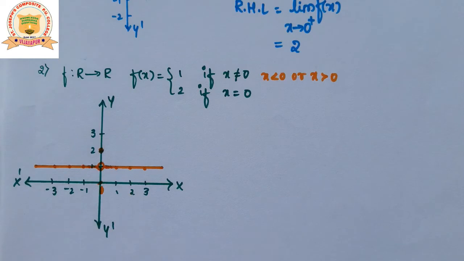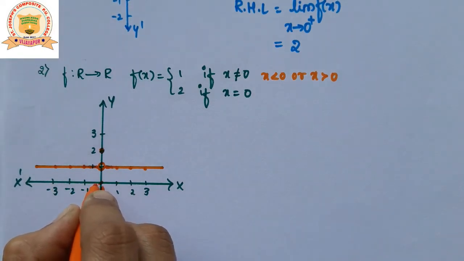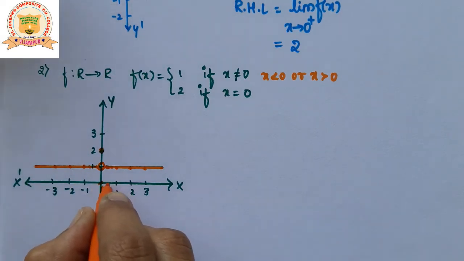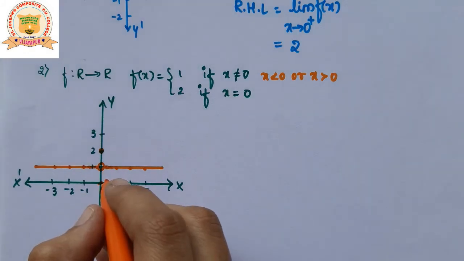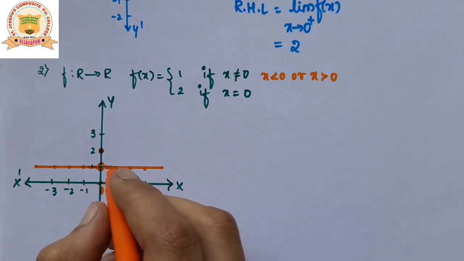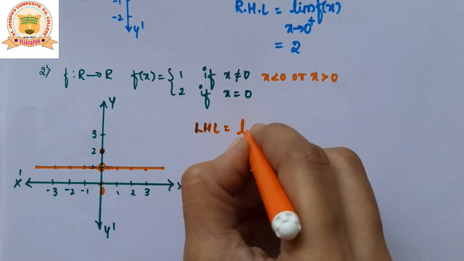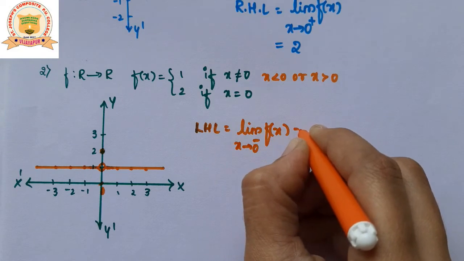If you see the graph, see here, for negative values very close to 0 and for left of the 0, the value of the function is 1, and very close to 0 and right of the origin, the value of the function is 1. If you find left hand limit and right hand limit of this function, left hand limit of this function at x tends to 0 minus, you will get it as what?